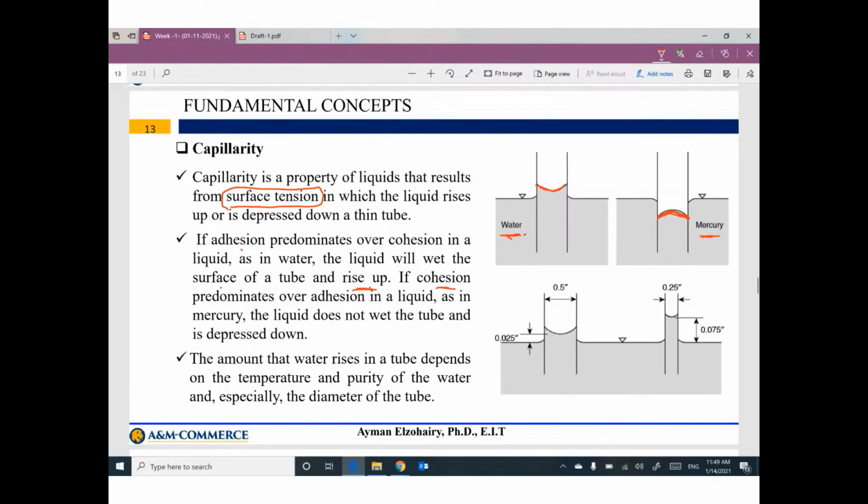However, if cohesion predominates over adhesion in a liquid, as in mercury, the liquid does not wet the tube and is depressed down. The amount that water rises in a tube depends on the temperature. It's not a big deal.